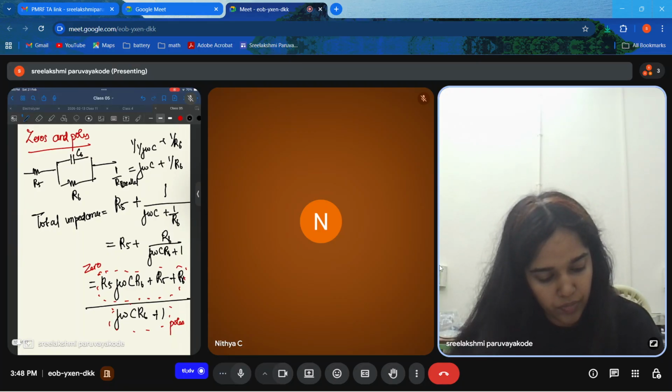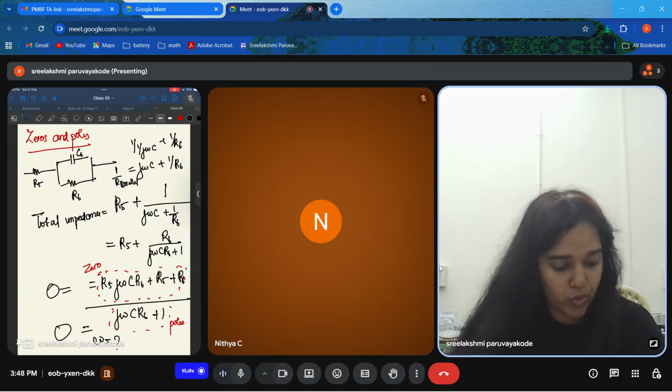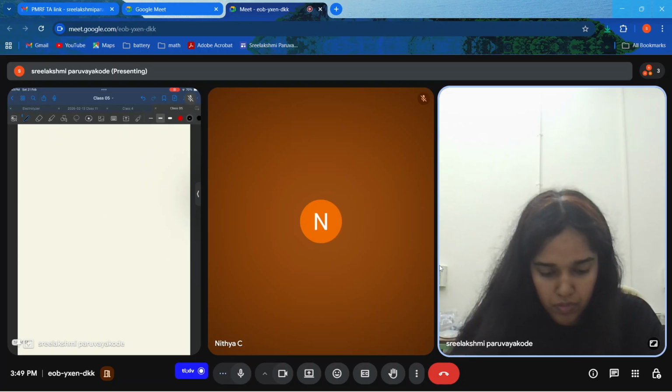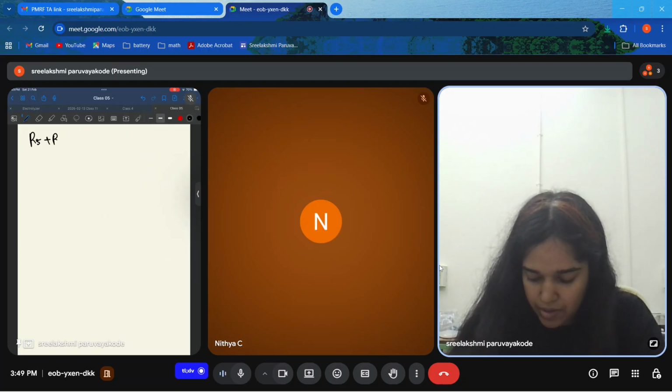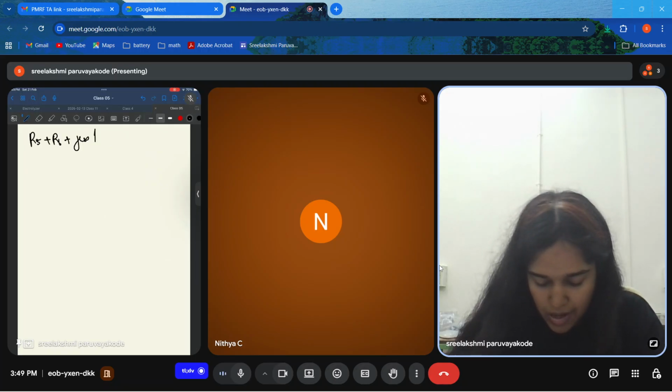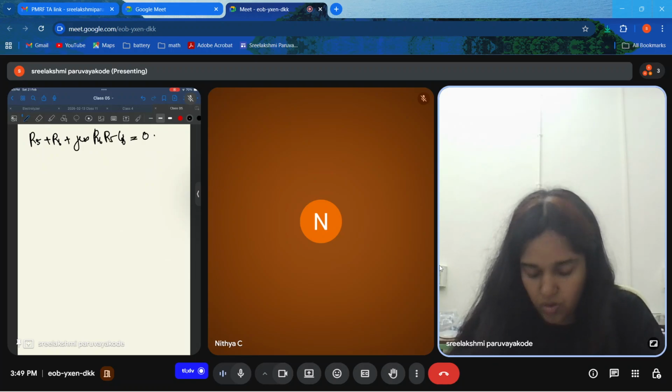Now how do you find it? Equate them to 0. The top one equal to 0, the bottom one equal to 0, and find out what the omega value is. That's what you have to do. So R5 plus R6 plus j omega R6 R5 C6 equal to 0.